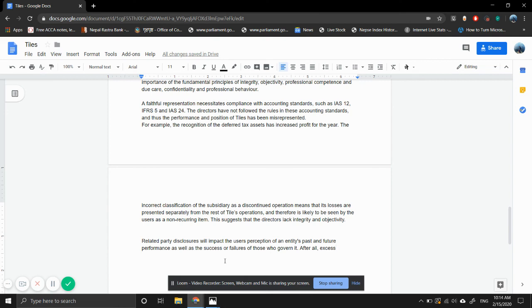So after all, excessive directors' remuneration is unlikely to be in the best interest of shareholders, right? Shareholders' wealth, and it will also be at odds, right?